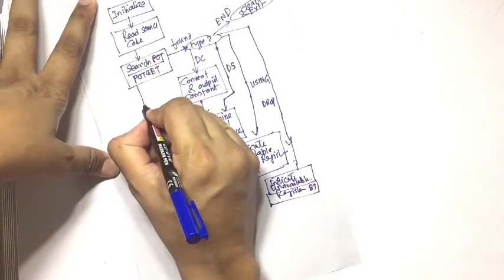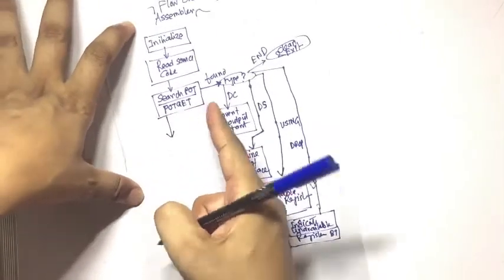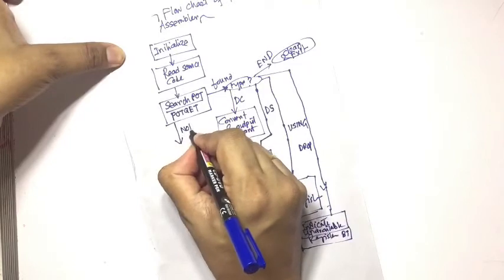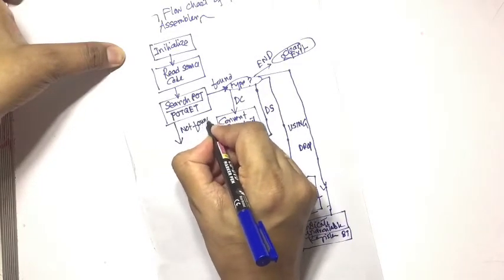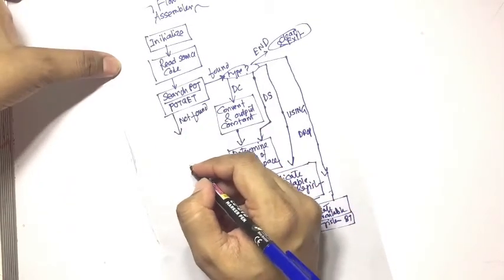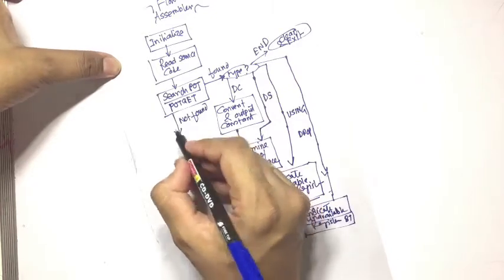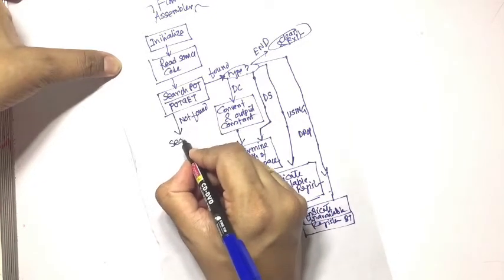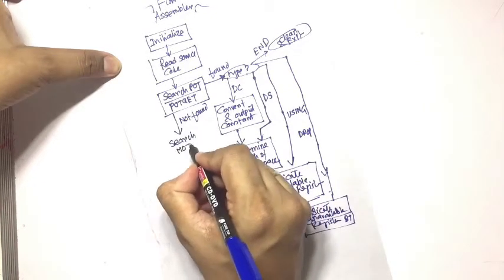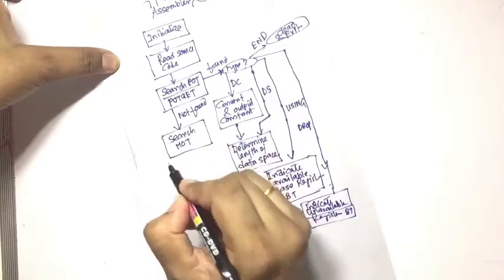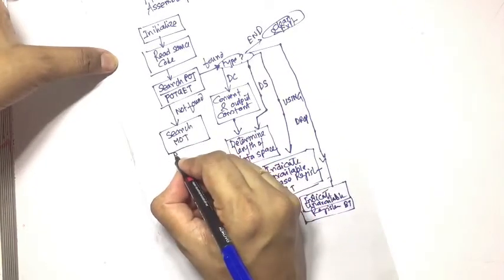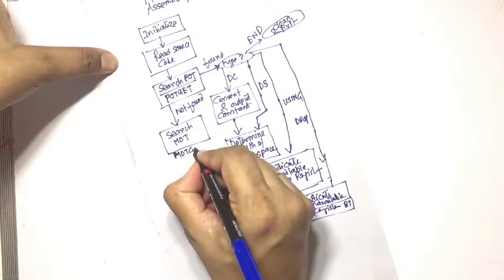If it is not found, যদি আমরা POT এর মধ্যে না পাই, mean found and not found, if there is a not found instruction, then we have to find the next table, that is the MOT table. We have to search MOT, and there is a method MOT get.